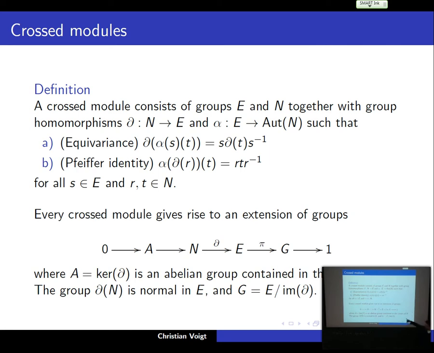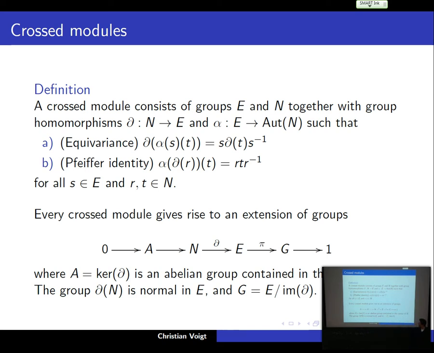The important thing is every such crossed module gives you a three-step extension of groups where you have two groups, N and E, which appear as the middle terms, and you have a group homomorphism from N to E.